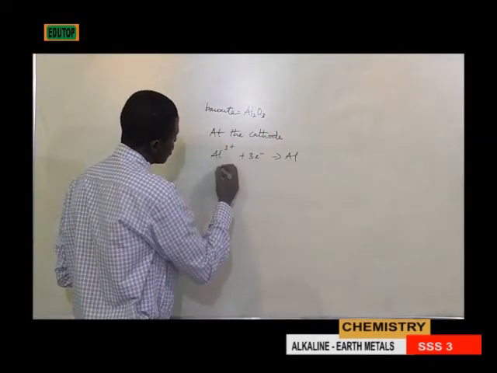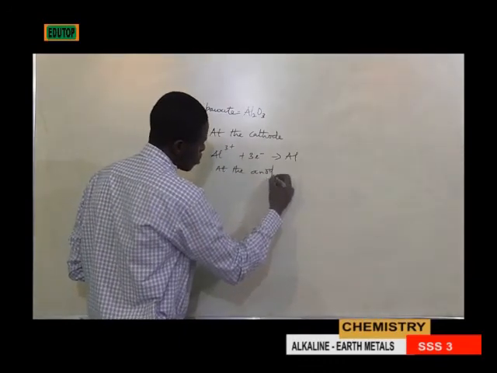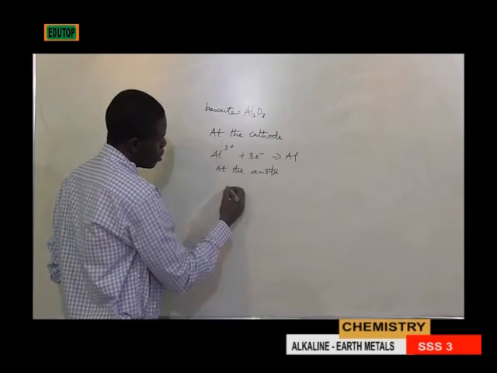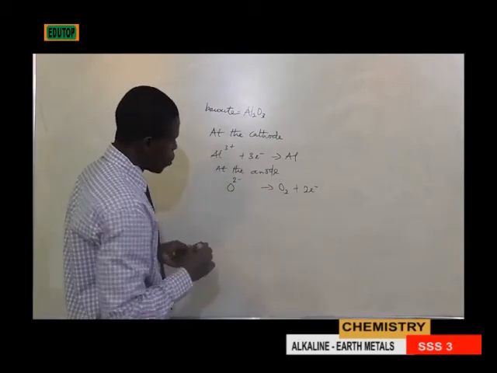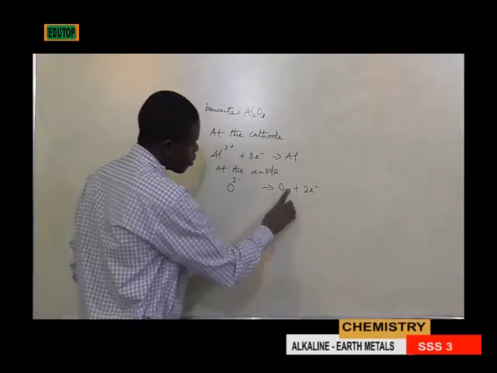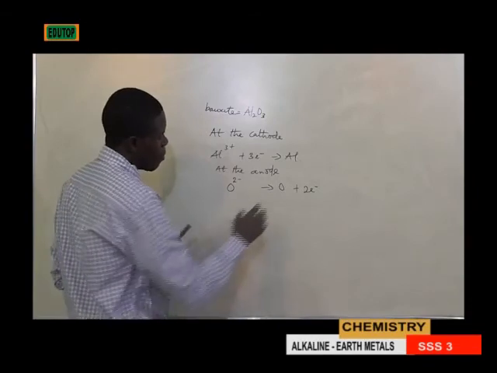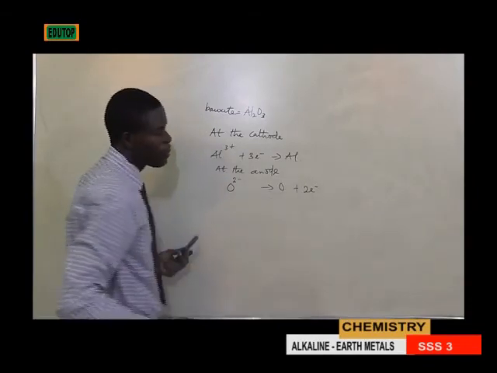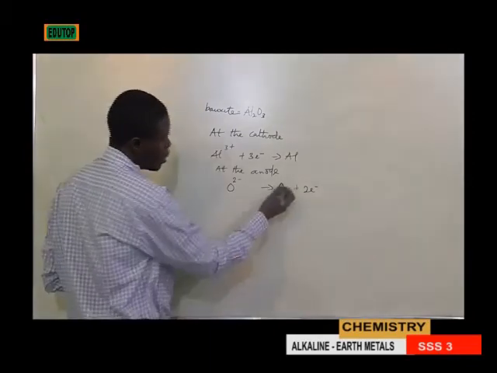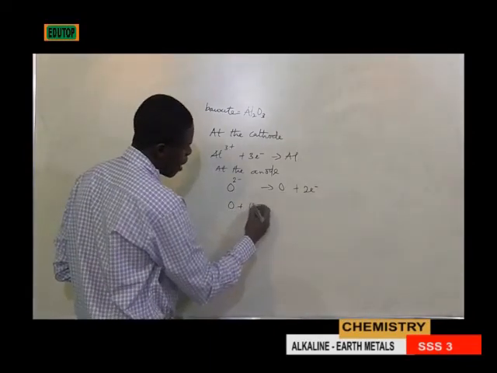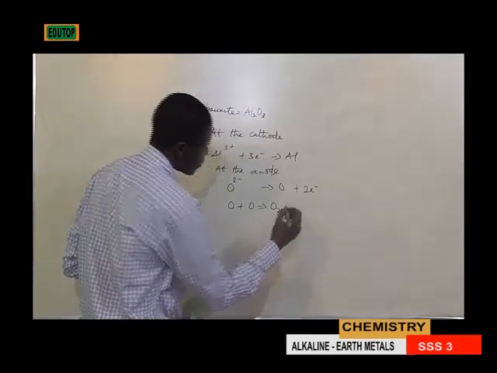While at the anode, the oxygen here. Because oxygen does not exist as monoatomic, this one has to pair up with another atom of oxygen to give oxygen gas.